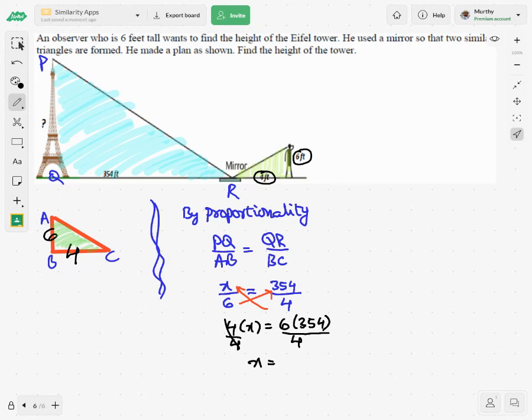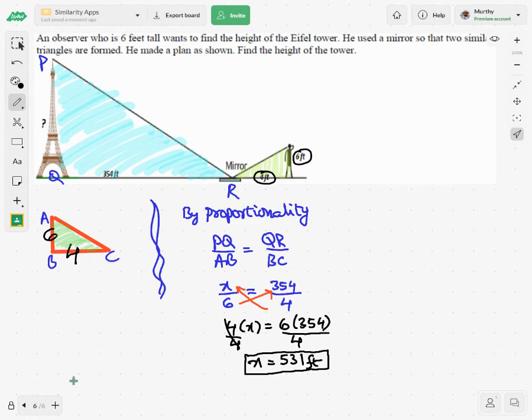Grab a calculator, and it's not difficult for you to do it at this point. 354 times 6, or 6 times 354, it's one and the same, divided by 4. That gives you 531 feet. I don't know whether it is the actual height of the Eiffel Tower, whether it is 531 feet or not, but in this example, I got 531 feet.